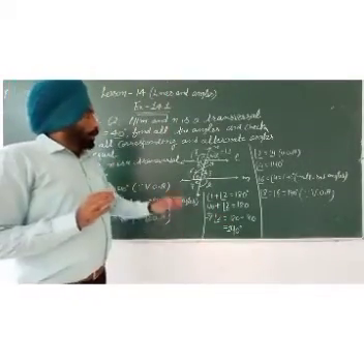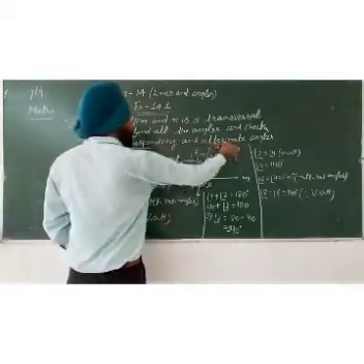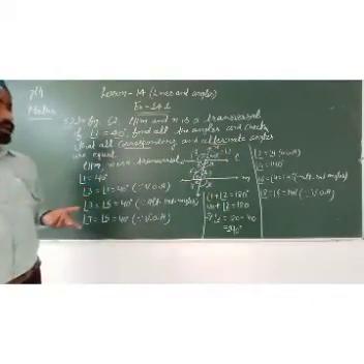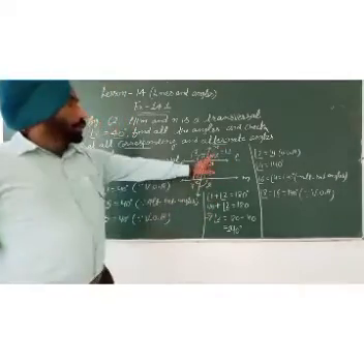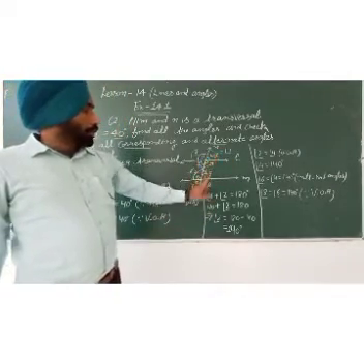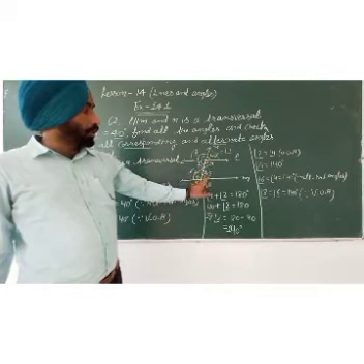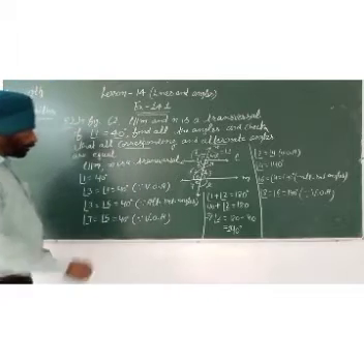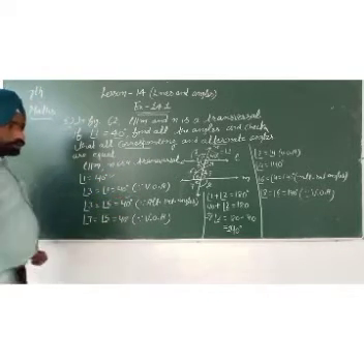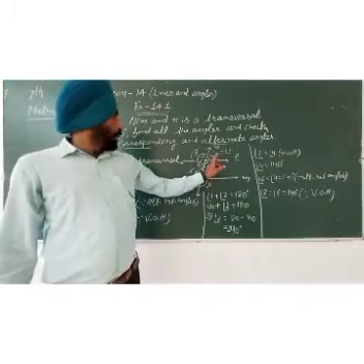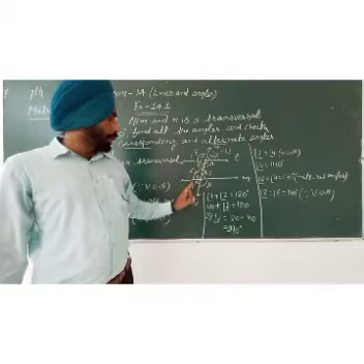Now the last line says you have to check whether all the corresponding and alternate angles are equal or not. Now angle 1 and angle 5, they are corresponding angles. Are they equal? Look, 1 is equal to 40, 5 is also equal to 40. Yes, they are equal. Angle 1 and 7, they are alternate angles.